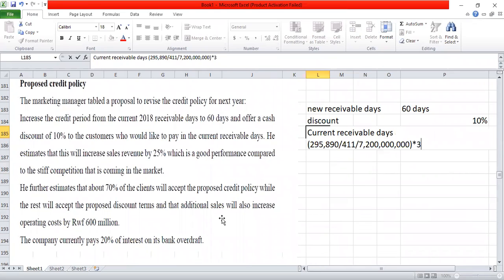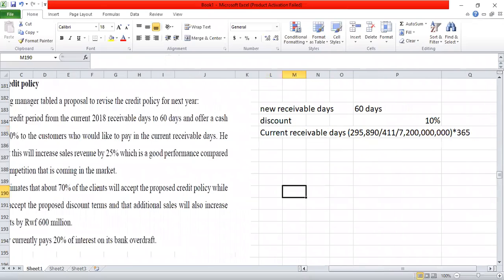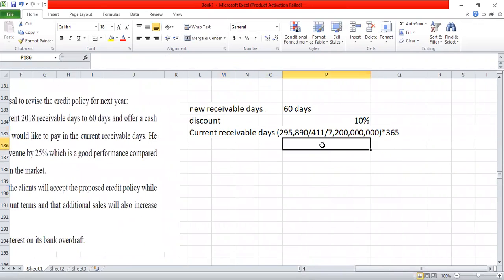They're not telling us to use... let's say 665, 295, 890. 411 divided by 7.2 times 365. So our current receivable days is 15 days.